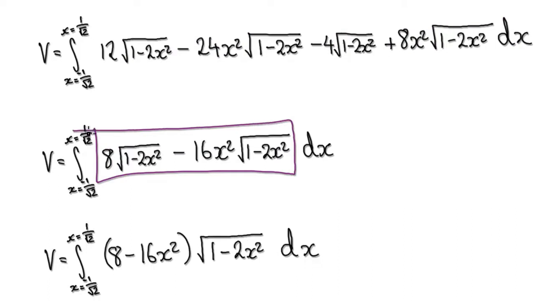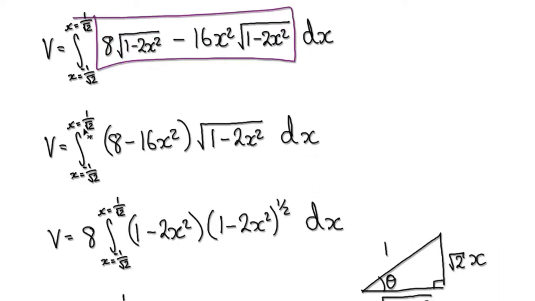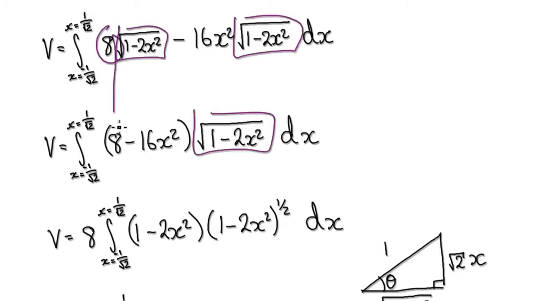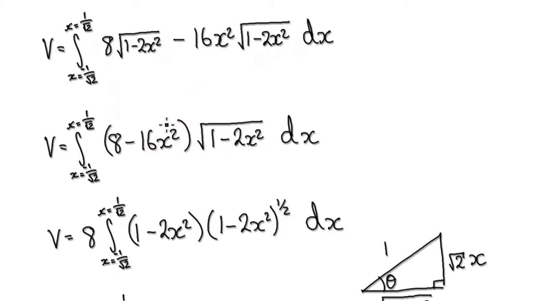And then notice that this thing is exactly the same as this, so you can factorize out that thing. So that will give you 8, and then 16x squared, and then you can factor out the 8 here. So factor out the 8, that will then give you this thing here, and then you've got 1 minus 2x squared.